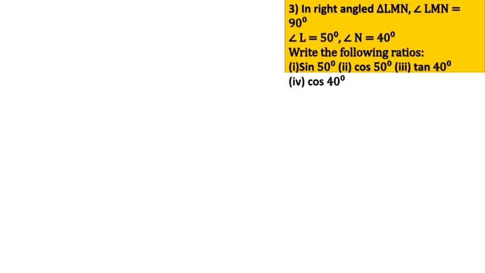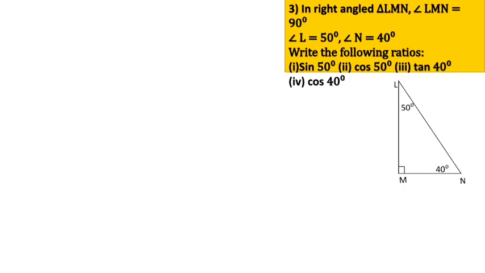Now we'll start question number 3. In right angle triangle LMN, the value of angle M is given as 90 degrees, angle L is given as 50 degrees, and angle N is given as 40 degrees.